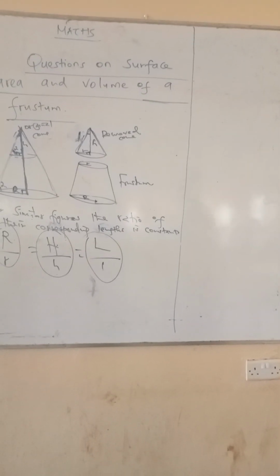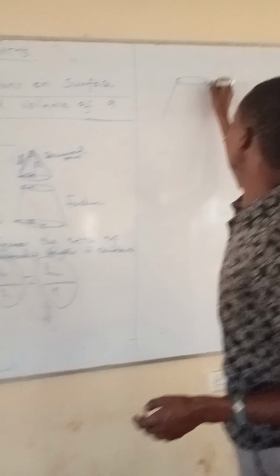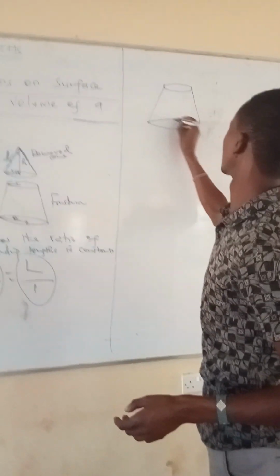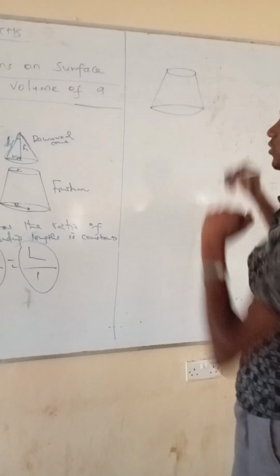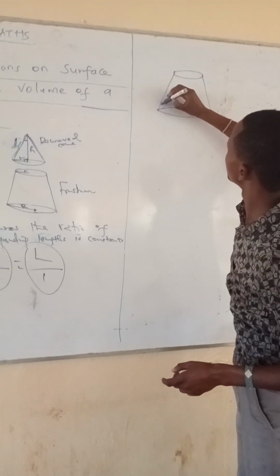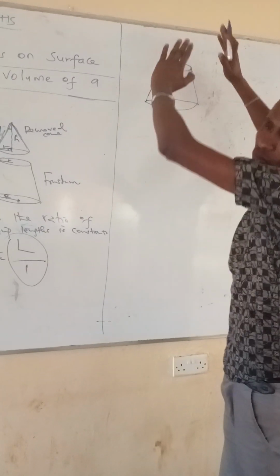So if, for example, a cone is drawn for you like this, and you need to complete it to get the original cone, you just extend this line, and you can also see the side where the lines will tend to meet.